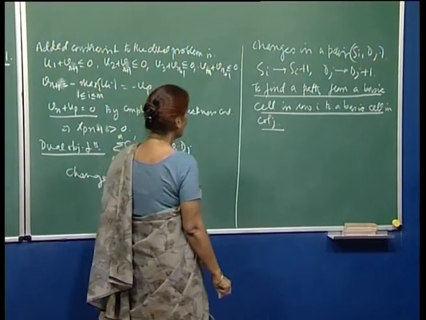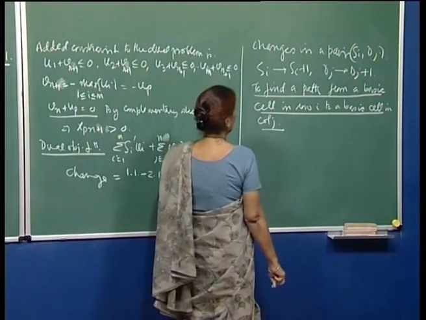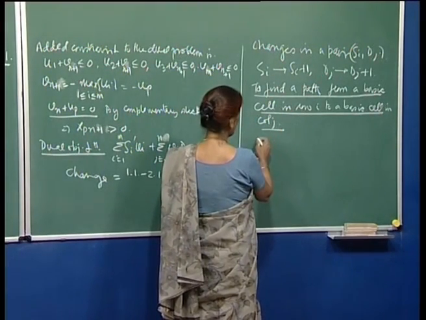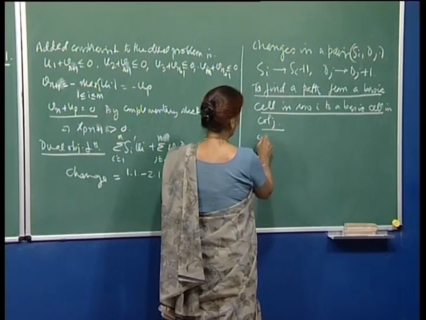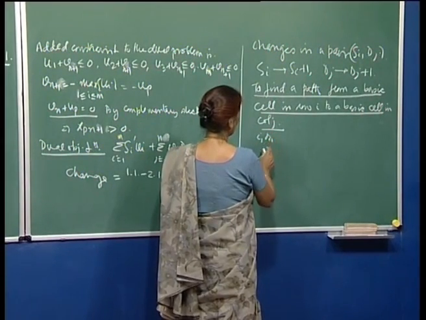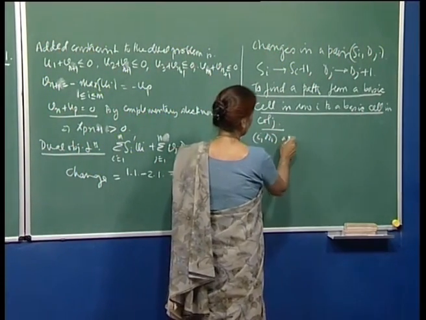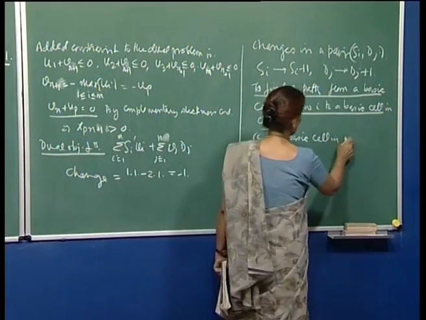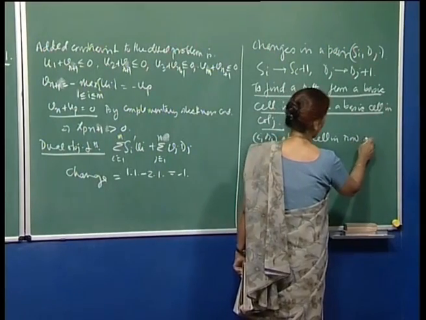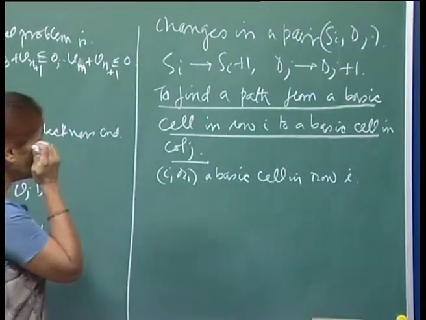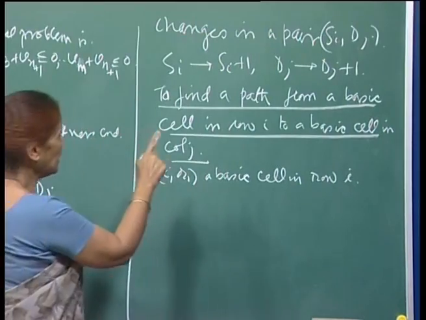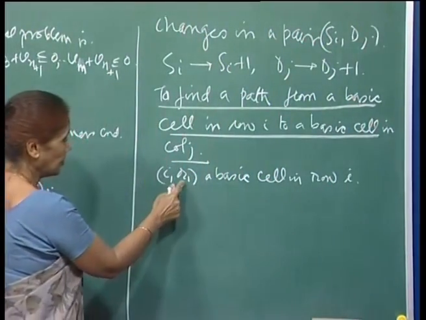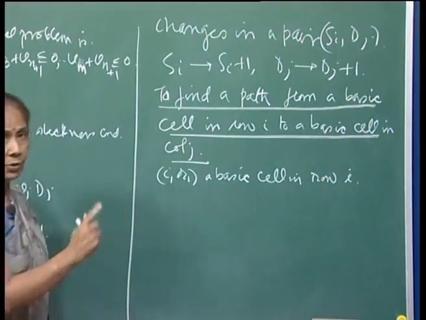For example, say consider the cell (i, r_1), a basic cell in row i. Because only s_i has changed and d_j has changed, the demand for column r_1 has not changed.